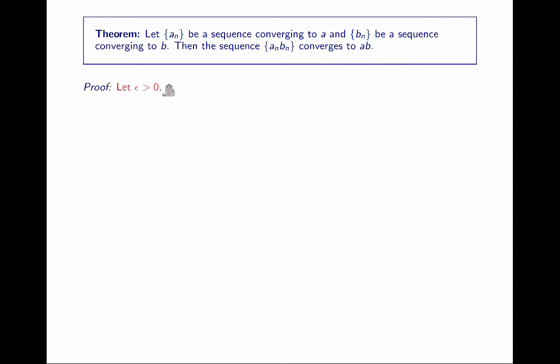Here, the red is showing that I'm making progress on satisfying the definition of convergence. In other words, every time I make some headway on my goal statement there, which is just the definition of convergence for a_n b_n to AB, then I'm going to highlight it in red.